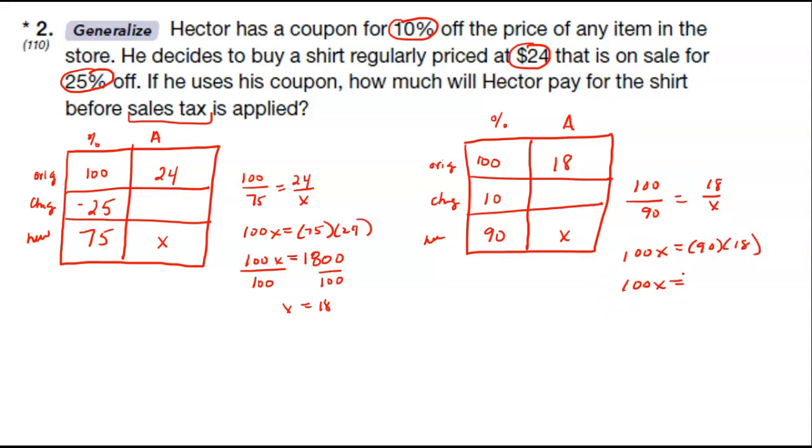Okay, 90 times 18 is 1620. Divided by 100. So he's going to purchase that shirt for $16.20. Let me make sure that's correct. Awesome. It is right, by the way.